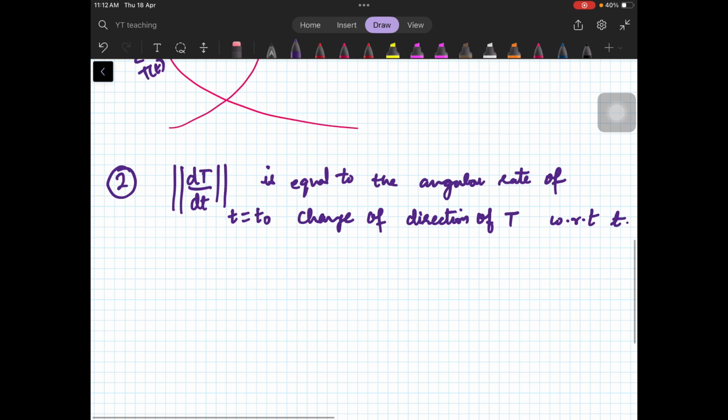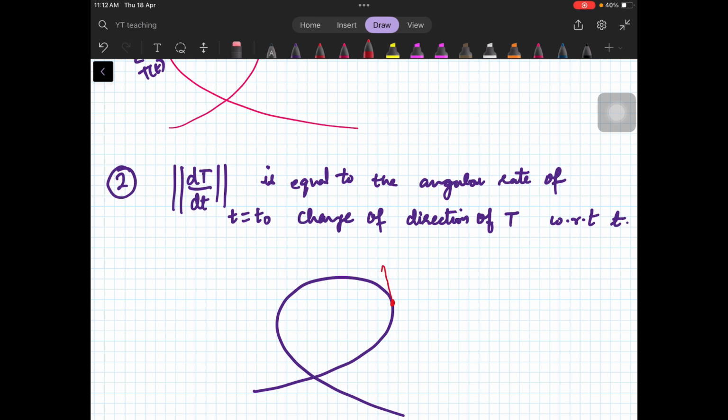Suppose you have your curve, and at this point you have some tangent vector. When the point changes, the tangent vector also changes, so the direction is changing.